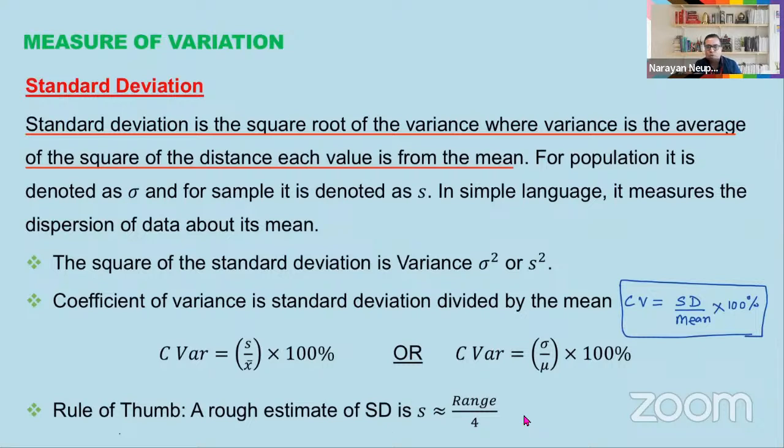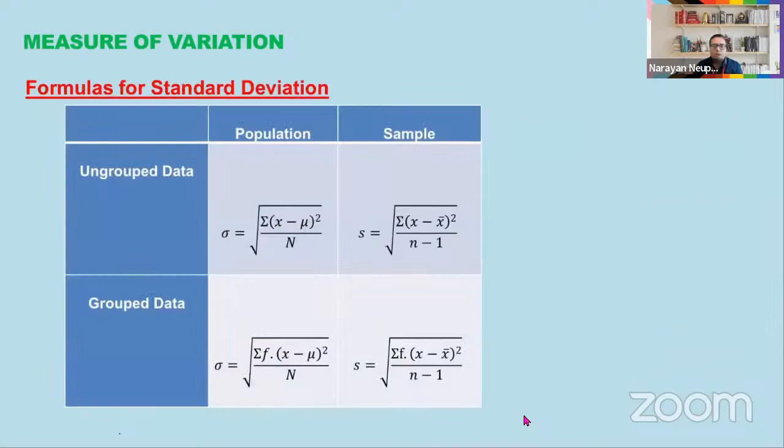Now I'm going to show you formulas to find the standard deviation for grouped and ungrouped data, and also for population and sample. These formulas are there in your note catcher already, but written a little differently. But here it is in the form of a table. Look at this. For ungrouped data, and if it is for population, this is the formula.